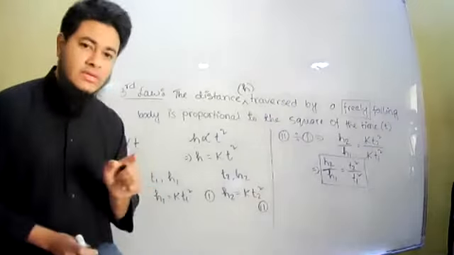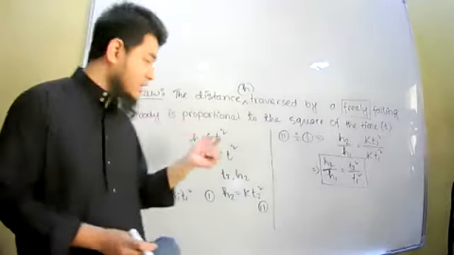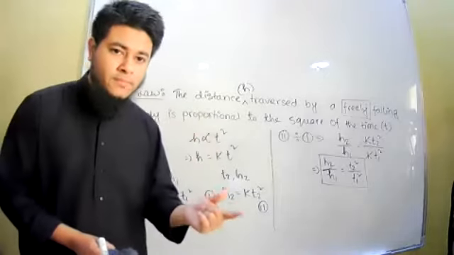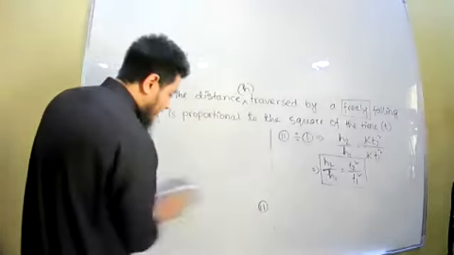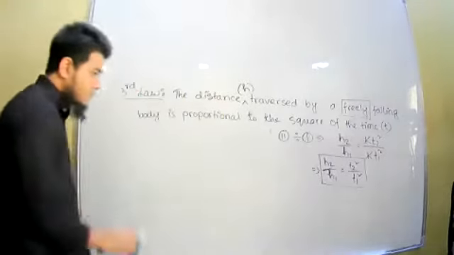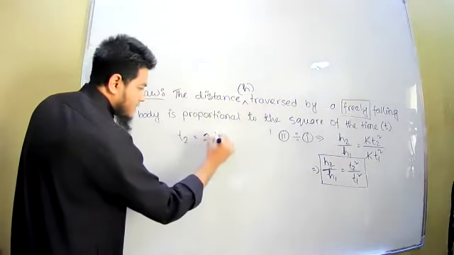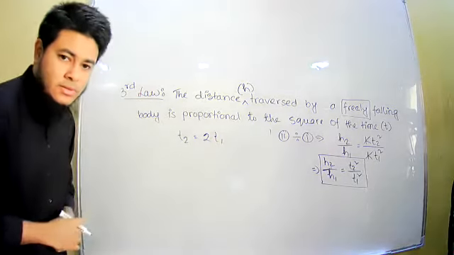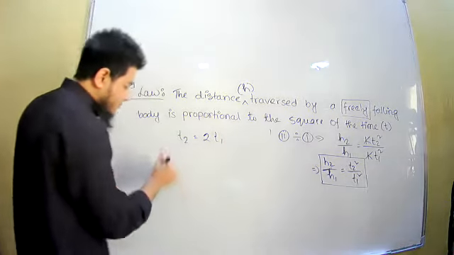Now we will try to understand, in this case, if the time becomes double, how much the covered distance will become, through the same calculation that we carried out a little while ago. The time has become double of the previous one. So let us see what happens now. We will put this in that equation.